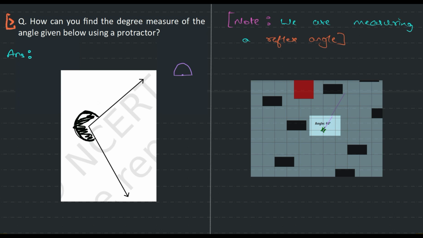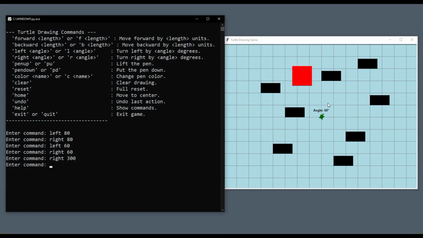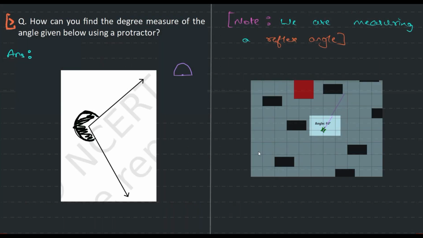But how did I do that? I turned left and I was able to point toward this direction. Now I'm turning right and I'm able to go to that direction. How is it that I'm able to do it? What's so special about left 60 and right 300? How is it that I'm able to do this with two values?